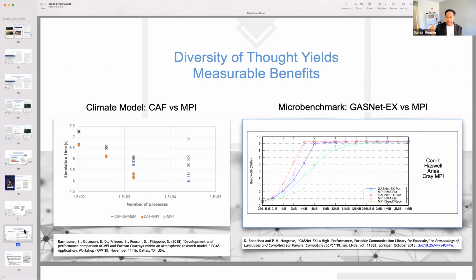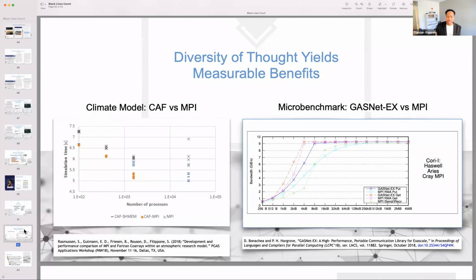You can see that the network bandwidth saturates at a much smaller message size than you get with MPI in most cases. Hopefully I explained that right. Dan's here to correct me if I get anything wrong. So real benefits from switching, and yet over 90% of codes are still using MPI.